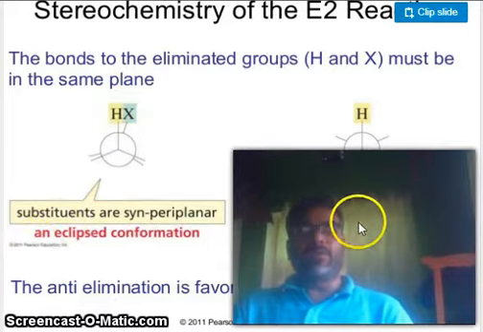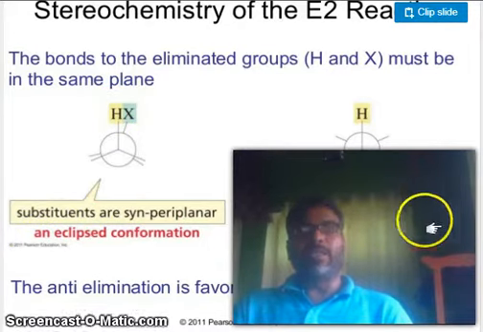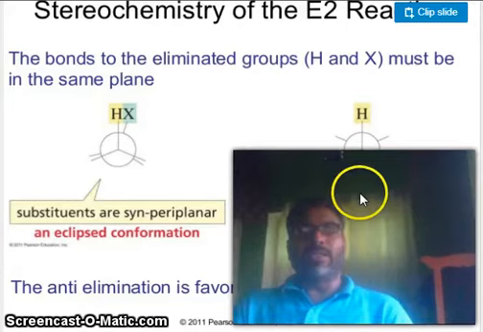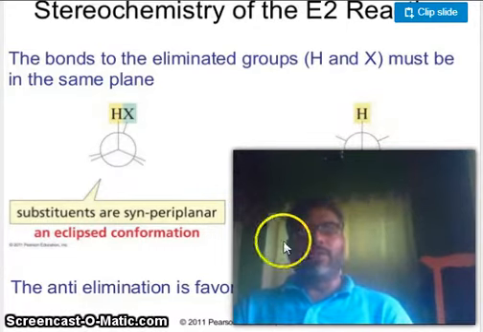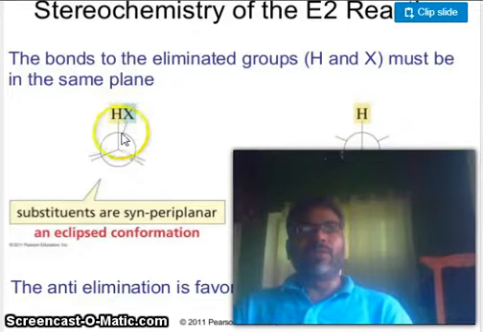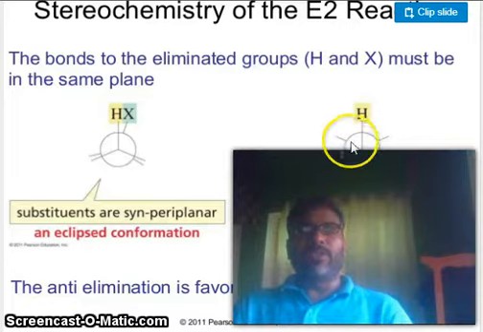And here the substituents are anti-periplanar, X is here and H is here, a staggered conformation. So which one is good for elimination? Anti-elimination is favored over syn-elimination.